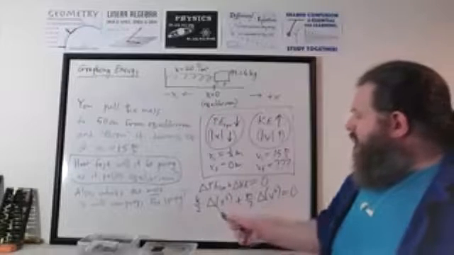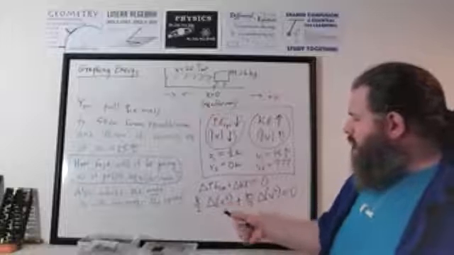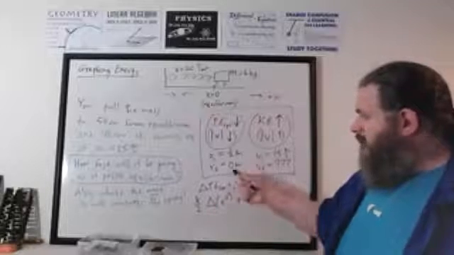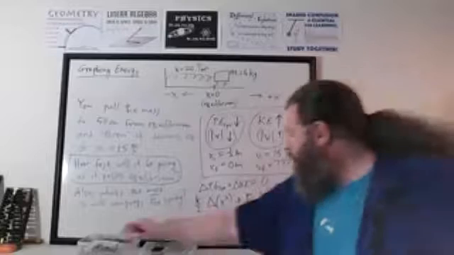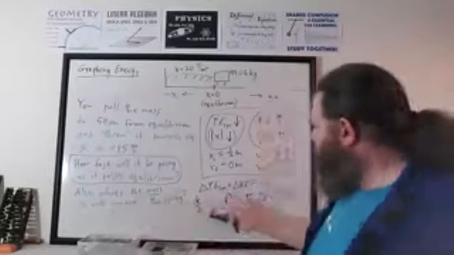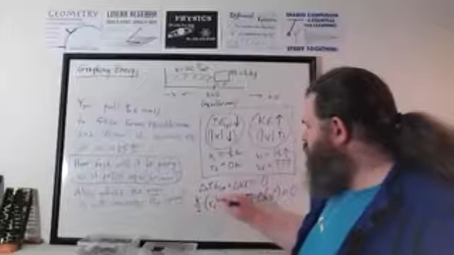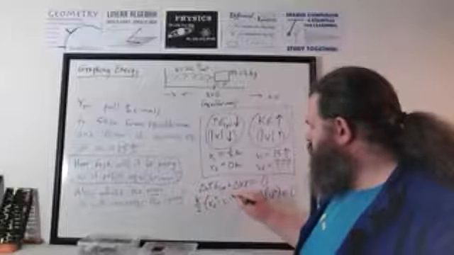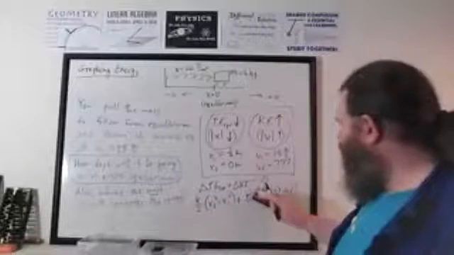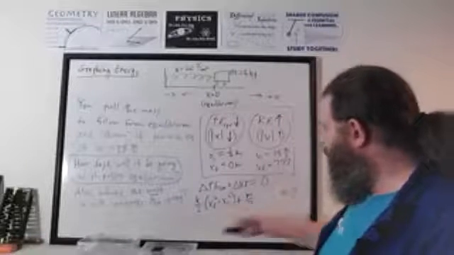And if we fill in some of these values, for instance, delta x squared can be written as x final squared minus x initial squared. And delta v squared can be written as v final squared minus v initial squared.